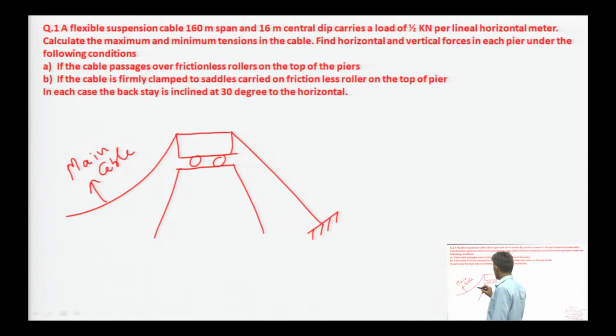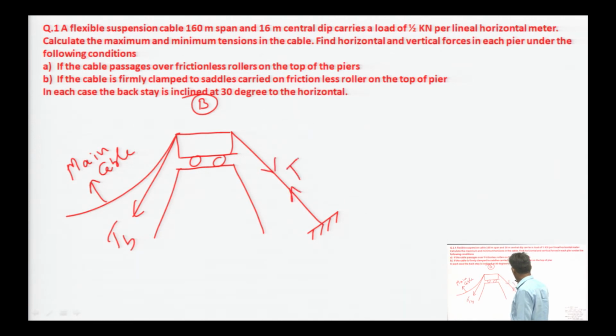Since this value is T B, I am making the free body diagram at point B. So, this is T B. Here the tension in this anchor cable, in this back stay, will be different. Suppose this value is T S. This value is different because this point and this point are not connected with each other, they are connected with this arrangement.